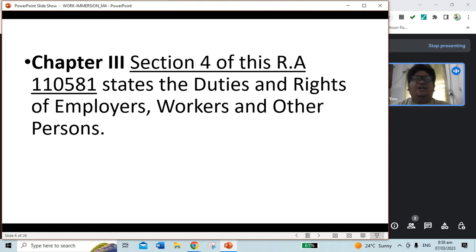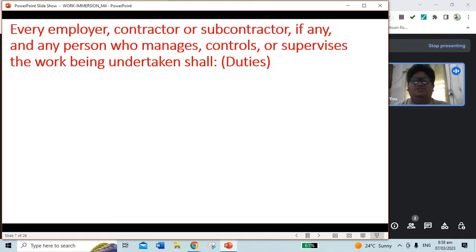Sa Chapter 3 naman, Section 4 of this RA 11058, it states that duties and rights of employers, the workers, and other persons. So every employer or contractor or subcontractor, if any, and any person who manages, controls, or supervises the work being undertaken shall.